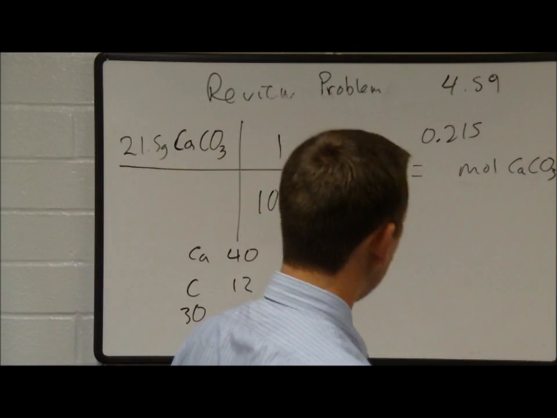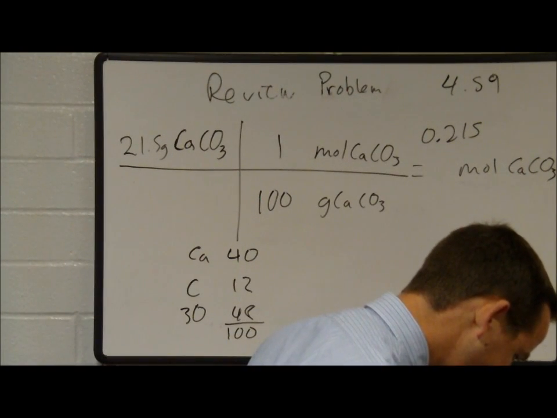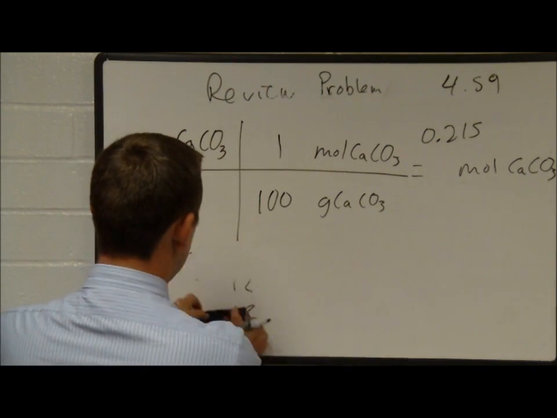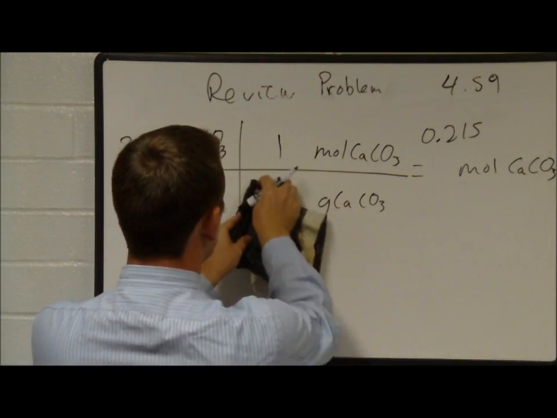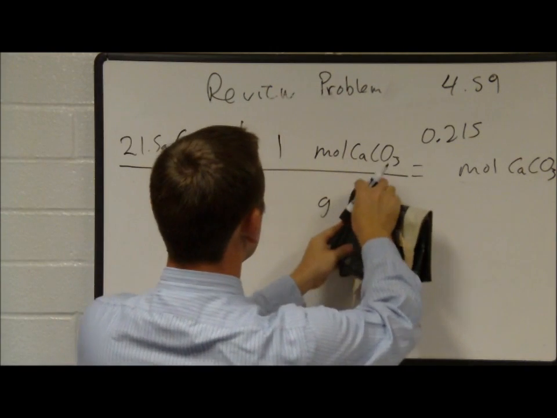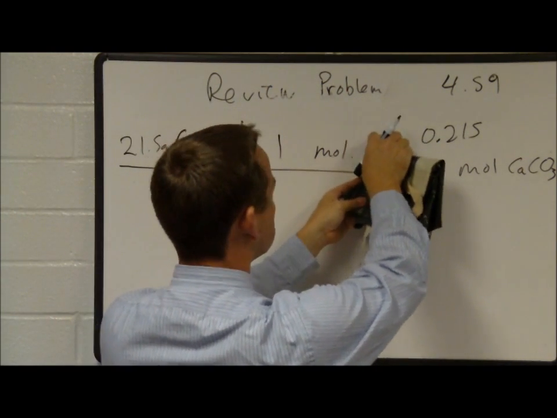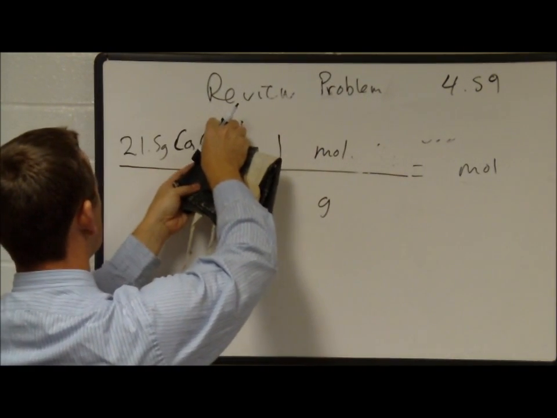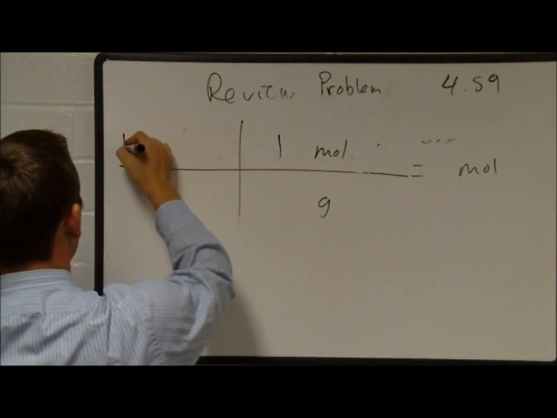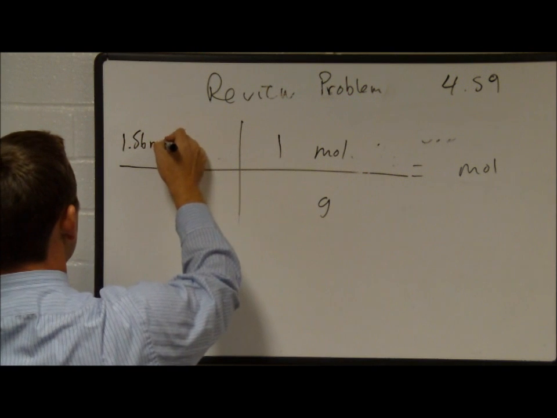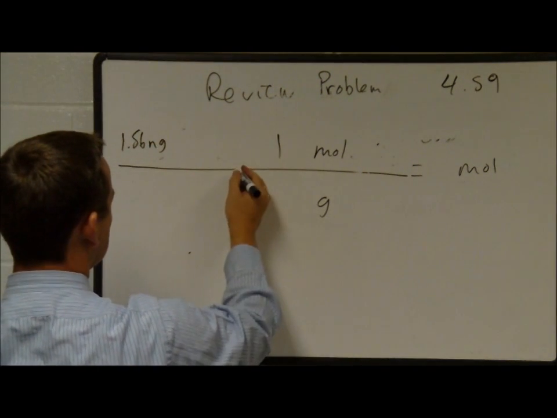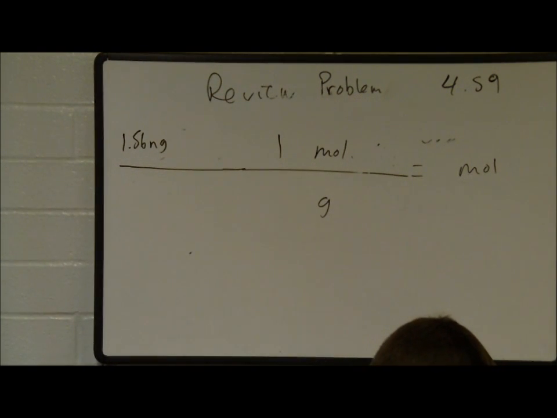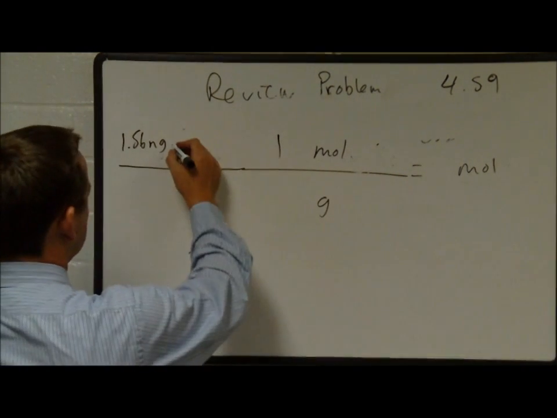All right. 459. B, 1.56 nanograms of ammonia, NH3.